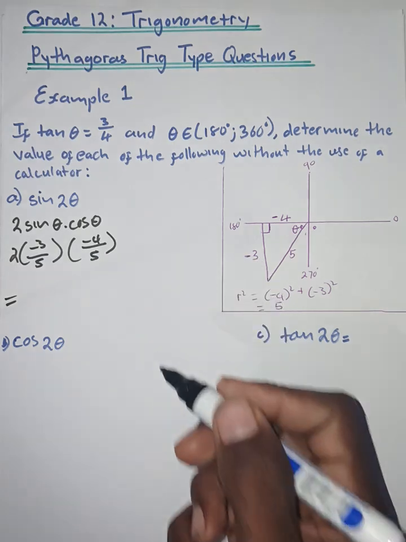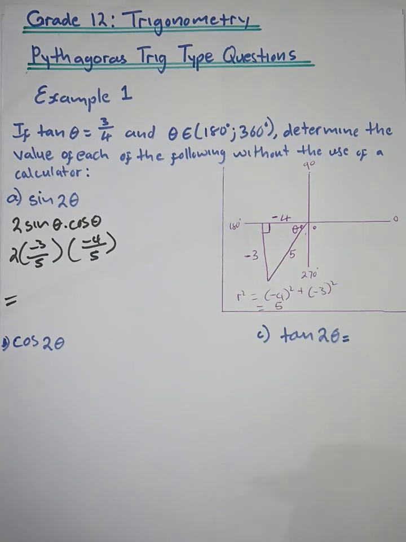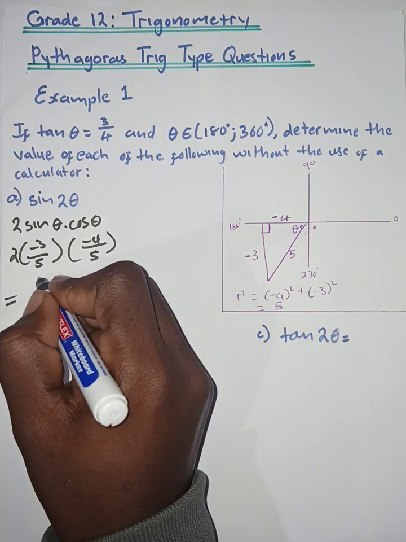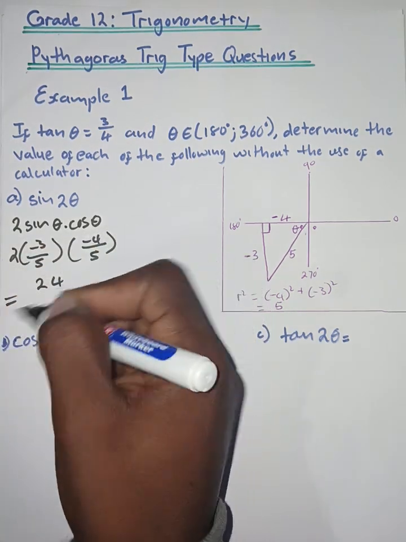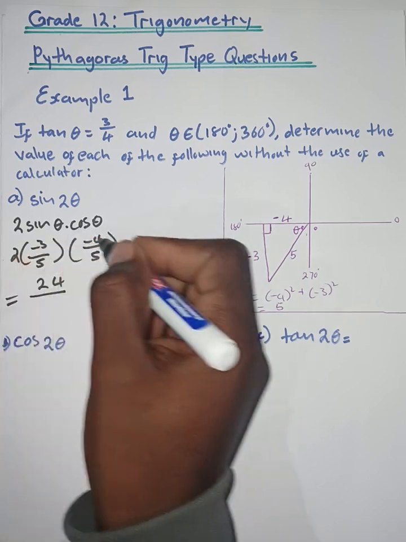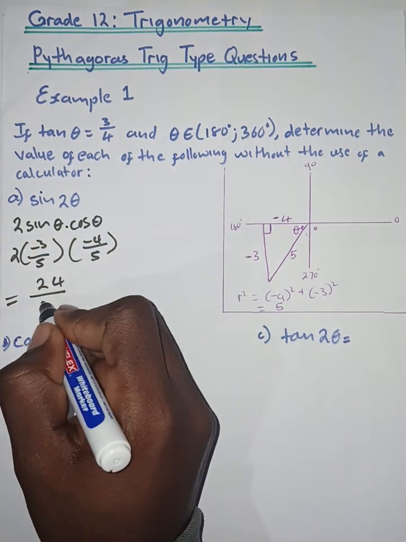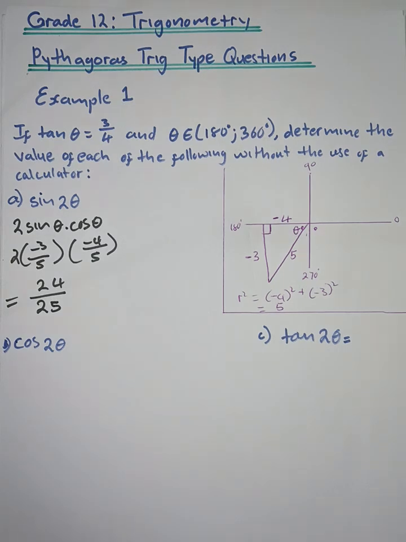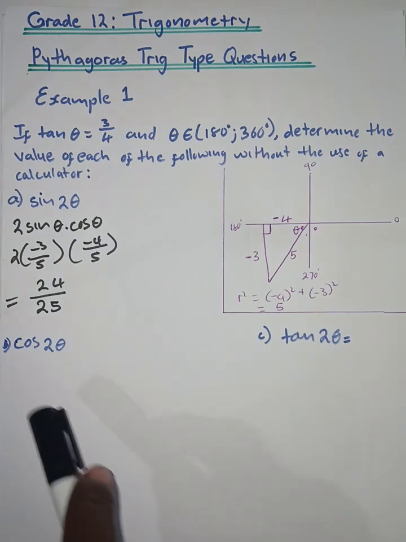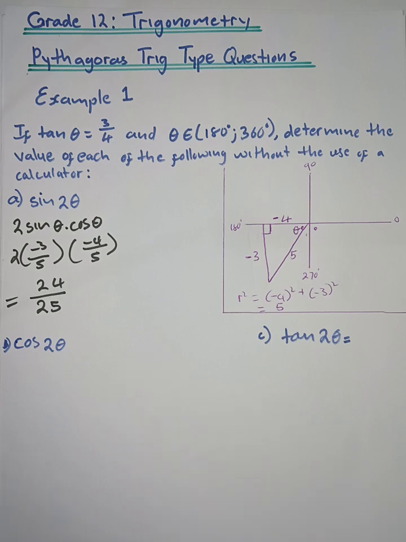So 4 times 3 is 12, and 12 times 2 is 24. And now remember, a negative and a negative give us a positive, right? So this would be 24 divided by, 5 multiplied by 5, that would be 25. So that would be the value of sine 2 theta.